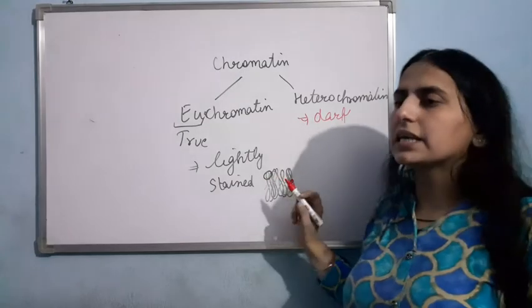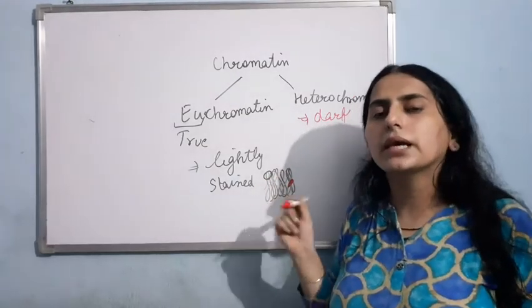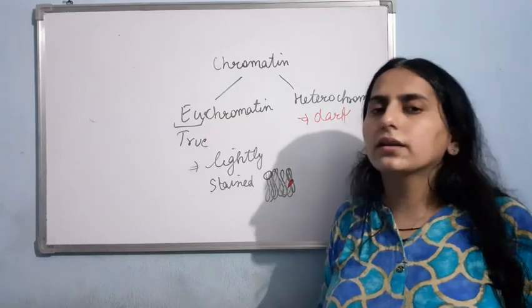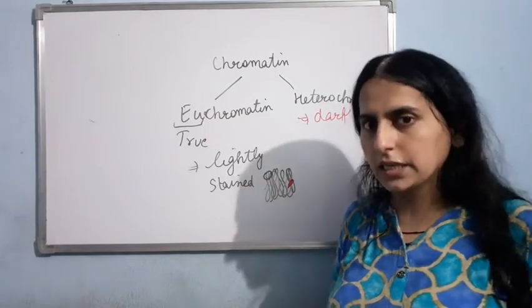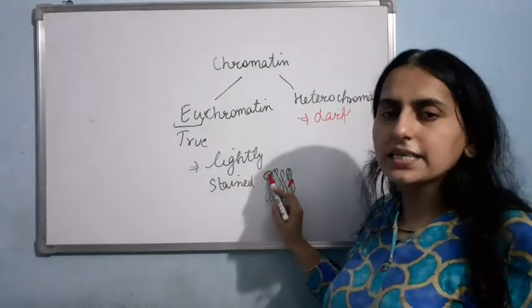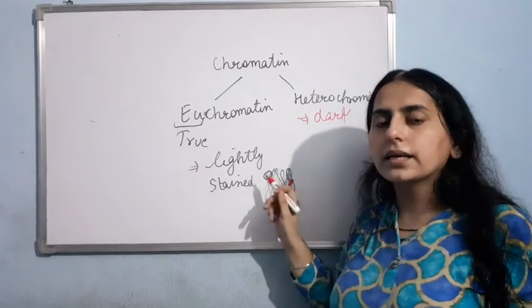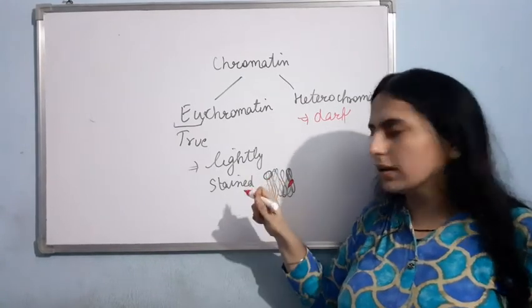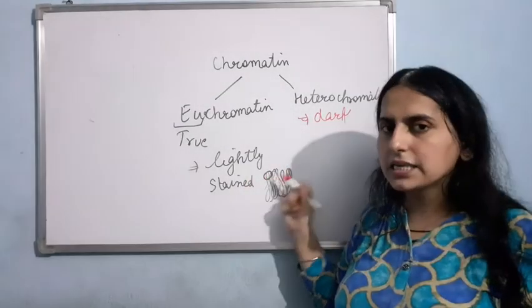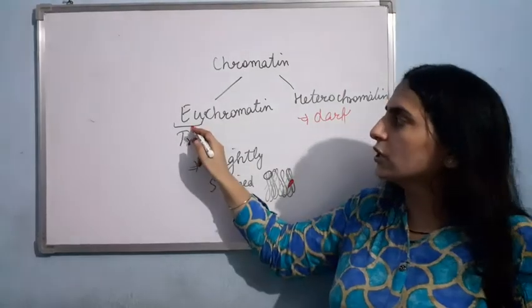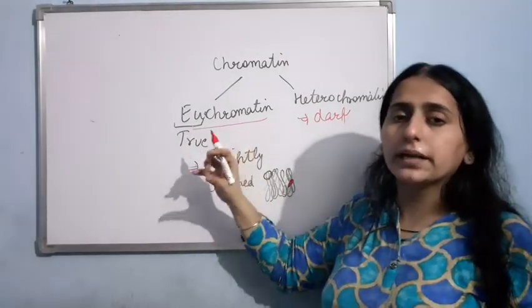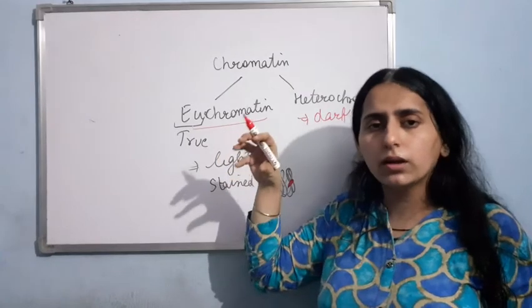Transcriptionally active means this DNA can make mRNA, and this mRNA can obviously make proteins. So this lightly stained region can make proteins, and that's why it is known as euchromatin, true chromatin, because it is coding for proteins.